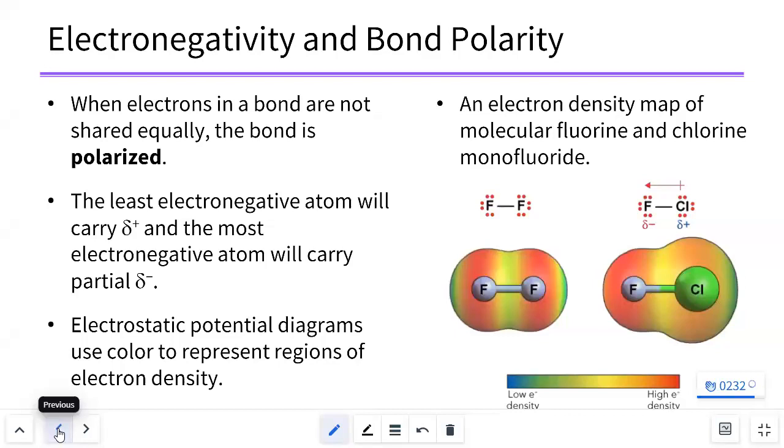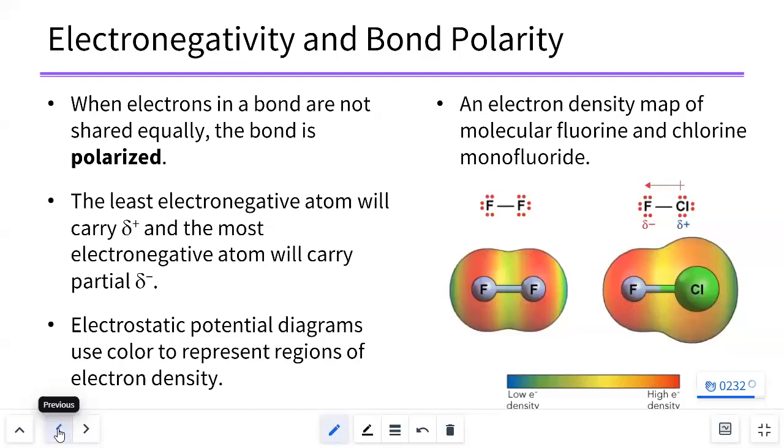Chlorine monofluoride, ClF, on the other hand, we can see there's a distinct difference here. Red around the fluorine, yellow and orange and green around the chlorine. Why? We know that fluorine's more electronegative, so the electrons are going to be pulled toward the fluorine because of its higher electronegativity.